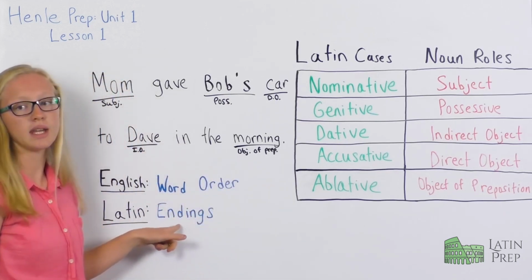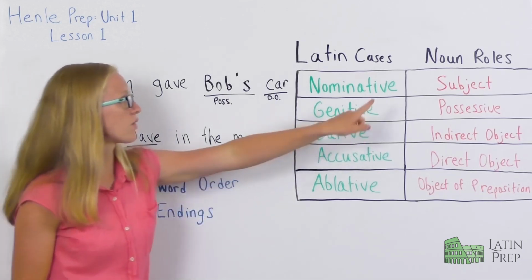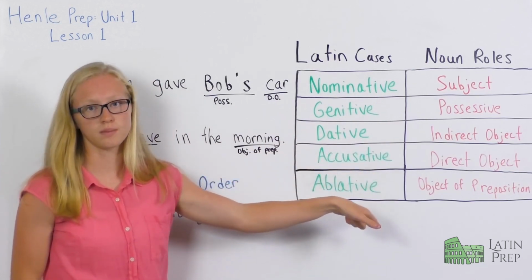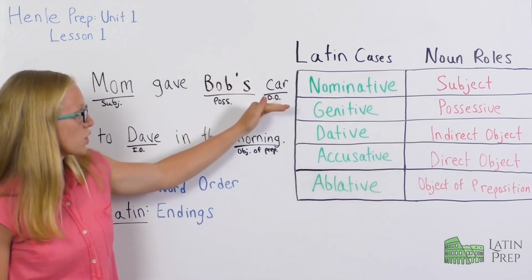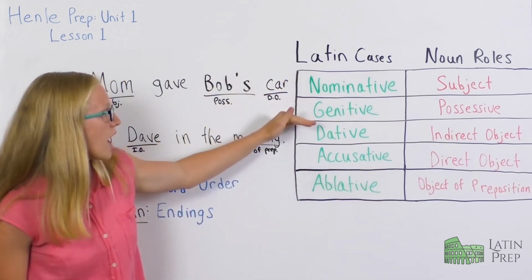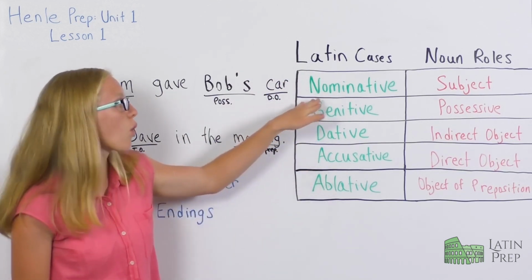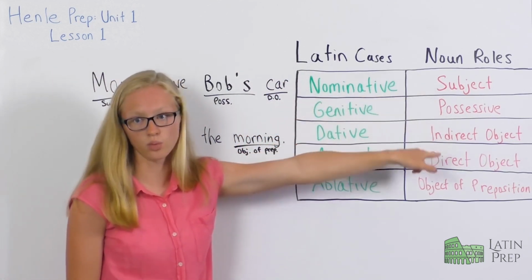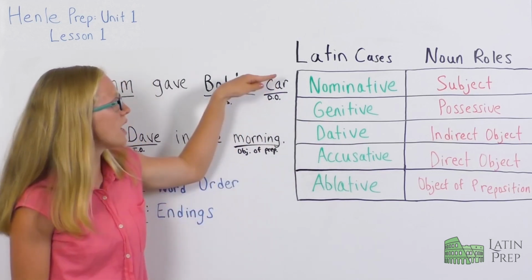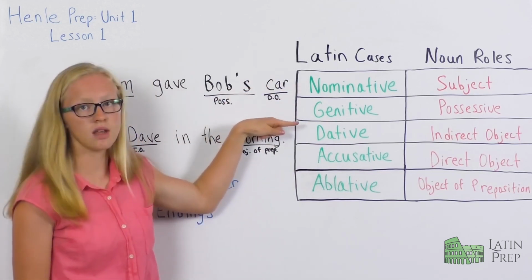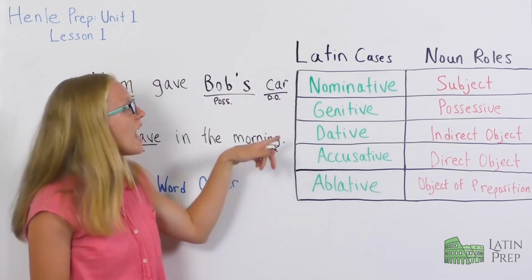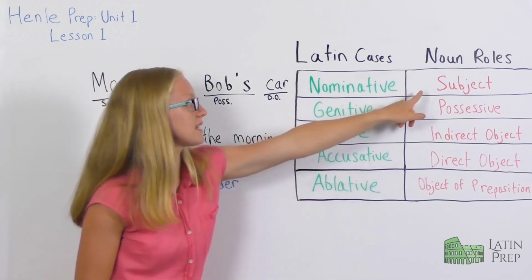There's a different ending for each of those noun roles. In this lesson, you're going to be learning these 5 Latin cases which correspond to the noun roles: nominative, genitive, dative, accusative, and ablative.